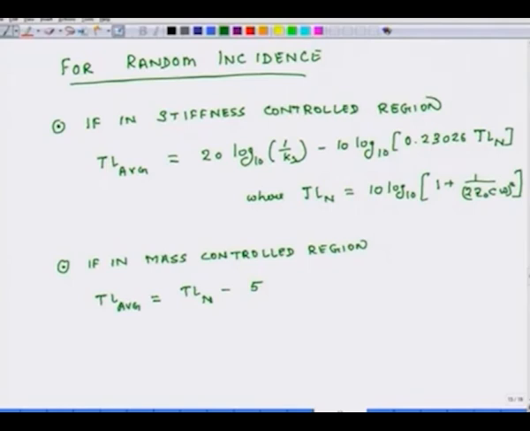So, it is an empirical relation, and here TL n is nothing but 10 log 10 of 1 plus m omega over 2 z naught, excuse me, there should not be a c here, 2 z naught, squared. So, if I am in the mass controlled region, this is what I should use. If I am in the stiffness controlled region, this is what I should use to understand how much transmission loss is going to happen across the wall.